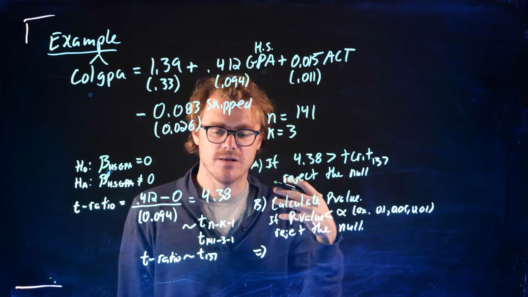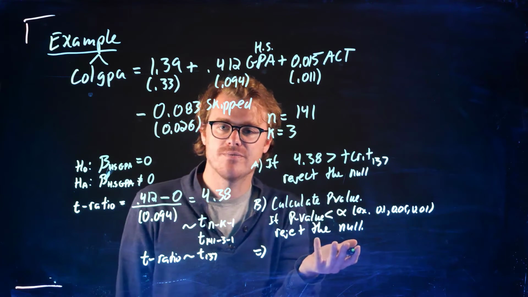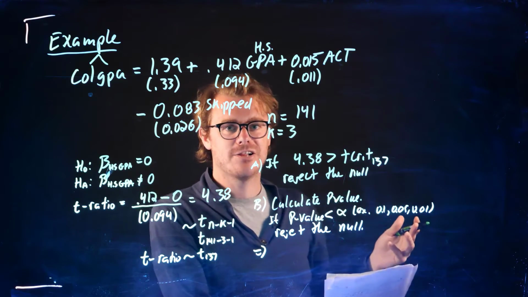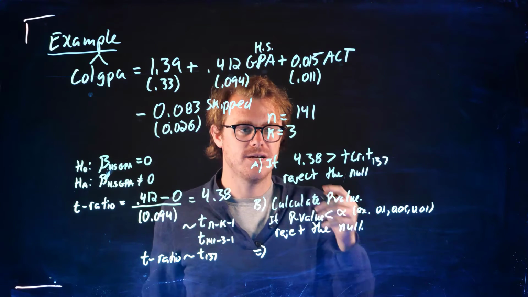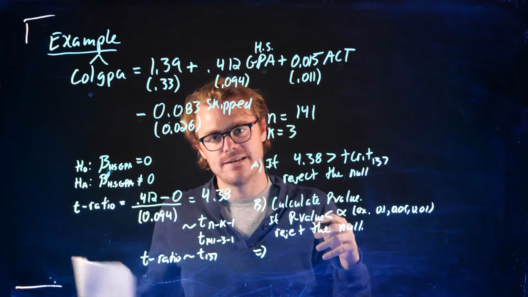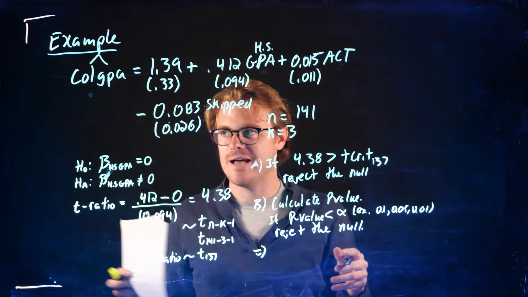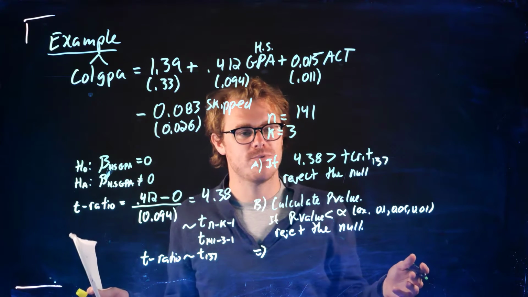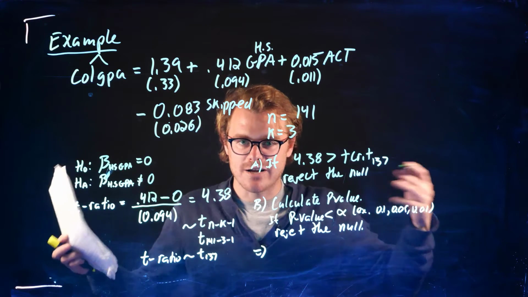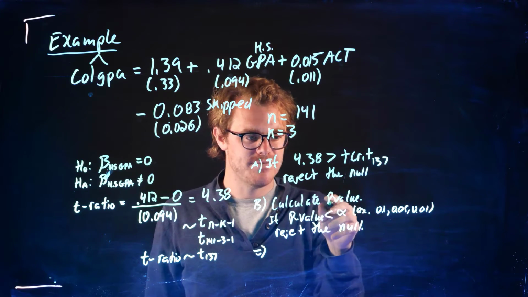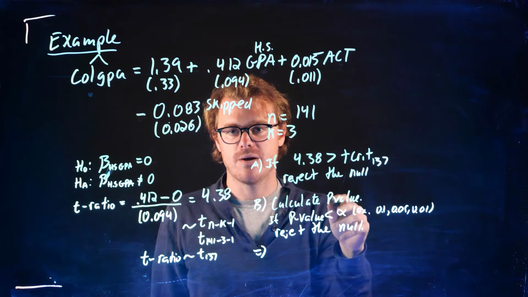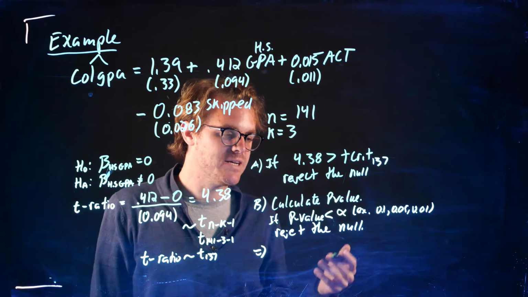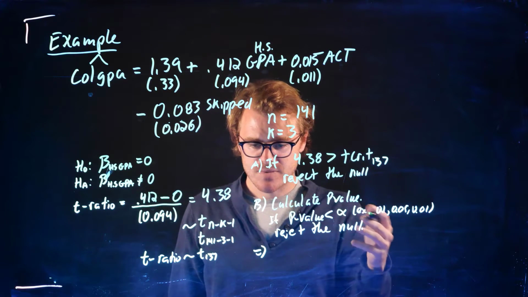Otherwise, you can say, well, I'd calculate the p-value by calculating the area to the left of negative 4.38 and to the right of positive 4.38. I'd calculate that area, and I'd see if it's bigger than the threshold that I'm willing to make a type 1 error at.